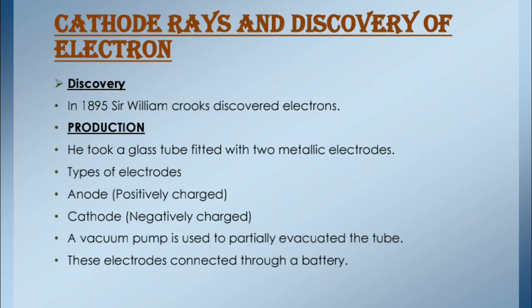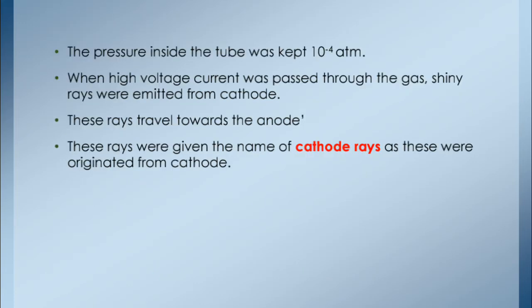These electrodes are connected through a battery. It was found that electric discharge through gases takes place only when the pressure inside is low, at least 10 raised to the power minus 4 atmospheric pressure, and the potential difference between the electrodes is high.